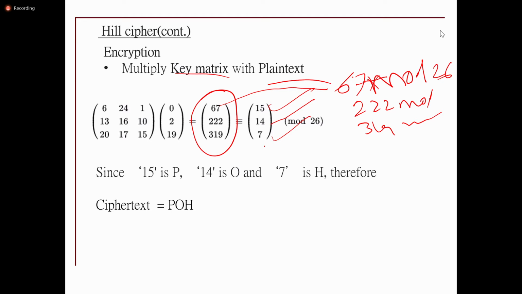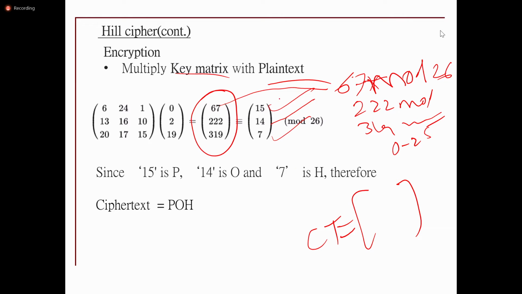Once we do mod with 26, all will range from 0 to 25. So 15, 14, 7 is the ciphertext matrix. But again, the ciphertext should be represented in the alphabet format.